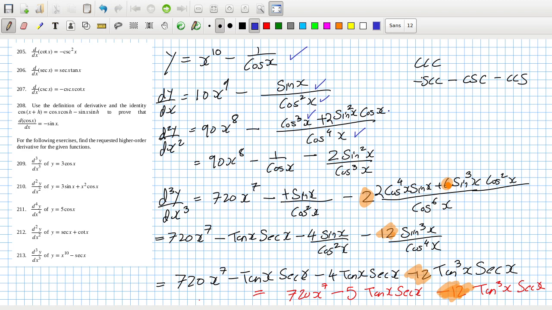The 2 is there. Okay, so the 2 is there. I took the 2 out.